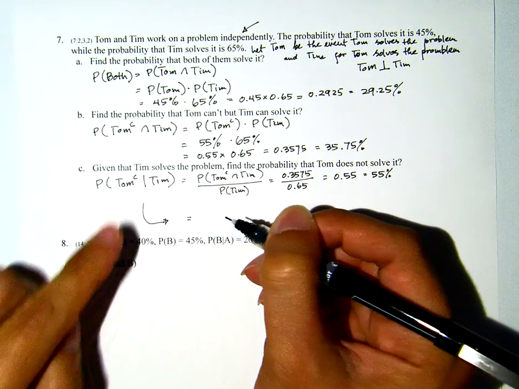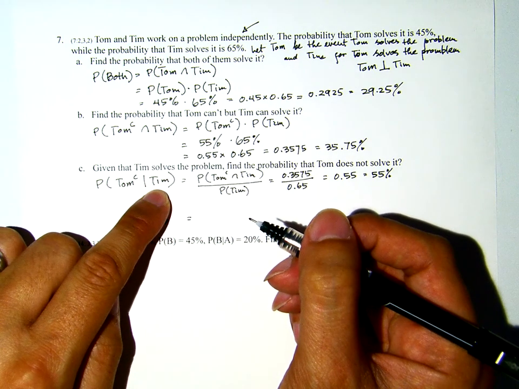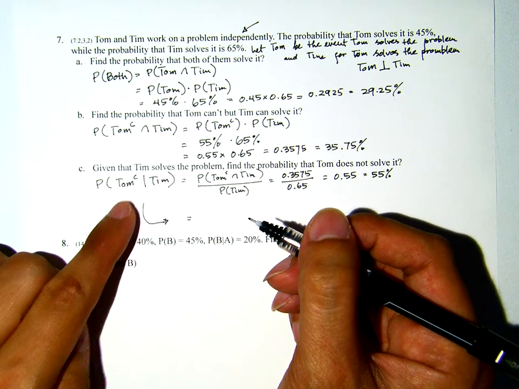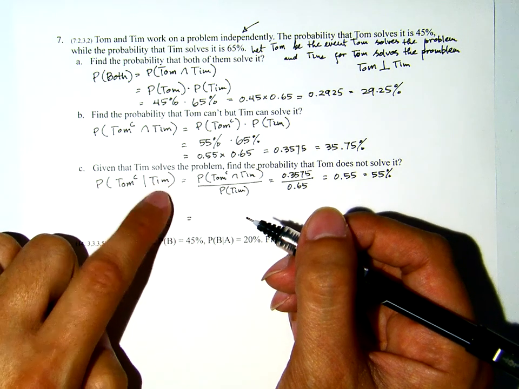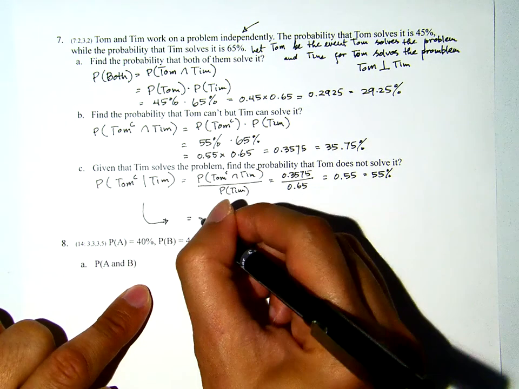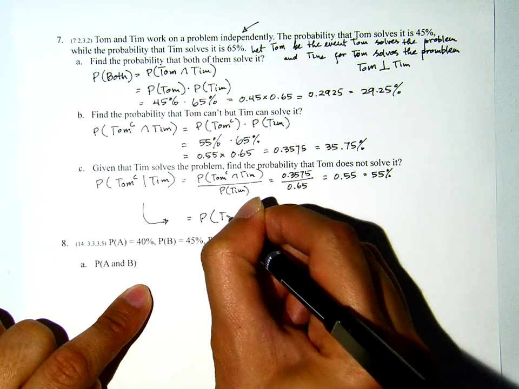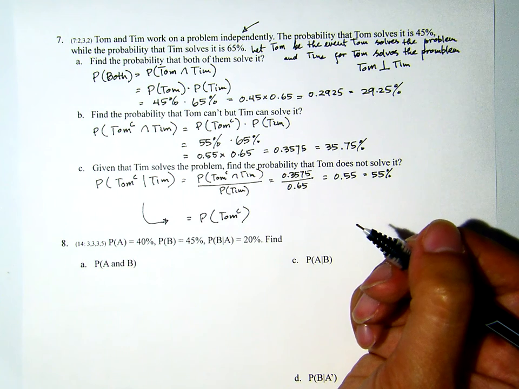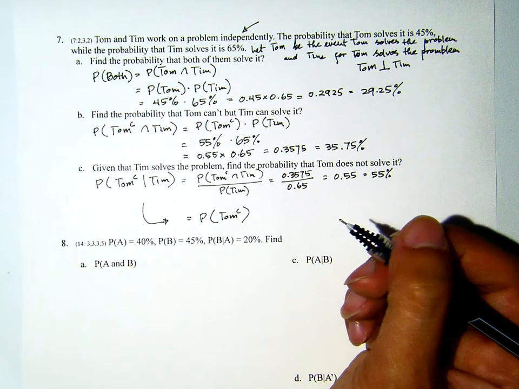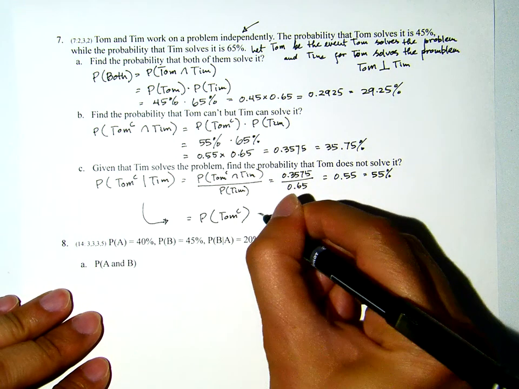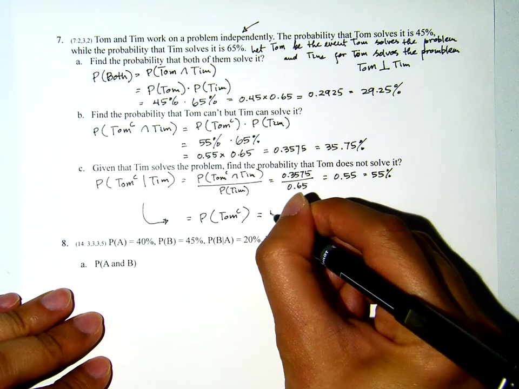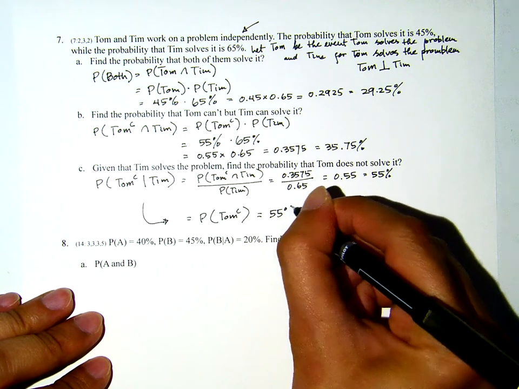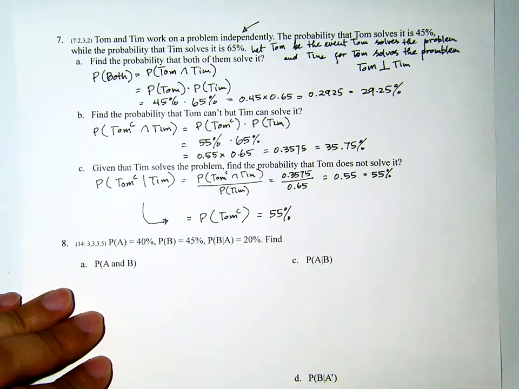Because they're independent, it doesn't matter whether Tim can solve the problem or not. It doesn't depend on Tim. So this equals the probability that Tom cannot solve the problem, regardless of whether he knows Tim can solve it or not. But this is already known to be 55%.